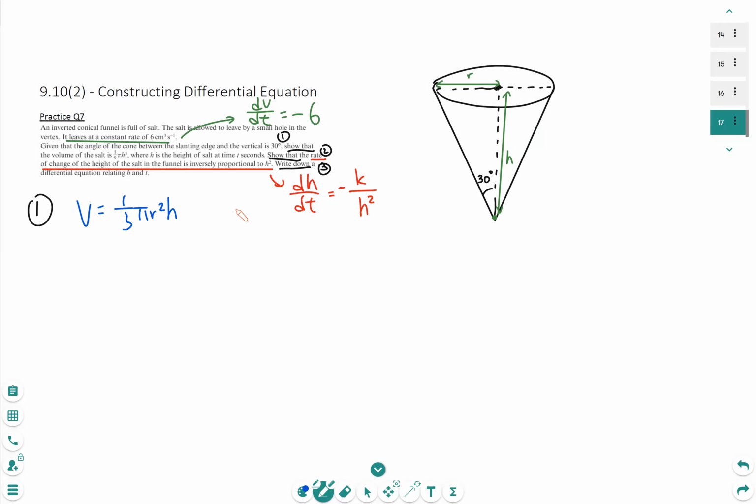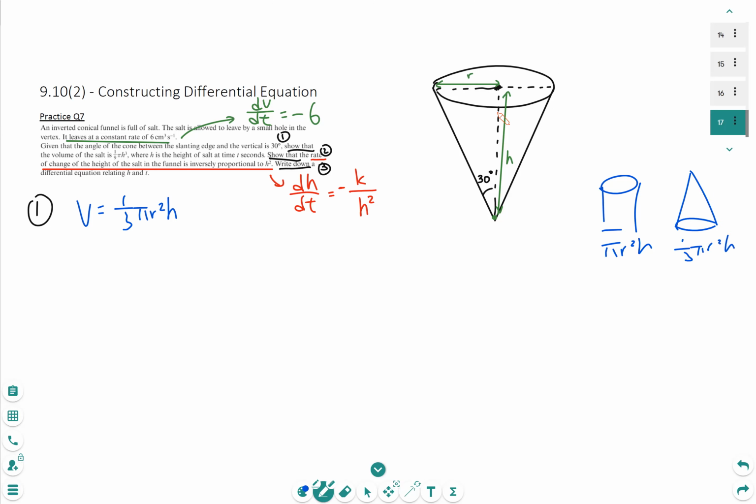How do we remember the volume of a cone? Well, a cone is a pyramid of a cylinder. Any pyramid of a prism is 1/3 of the volume of the prism. So, for example, if you have a cylinder that's pi r squared h, the pyramid version will be 1/3 of it.